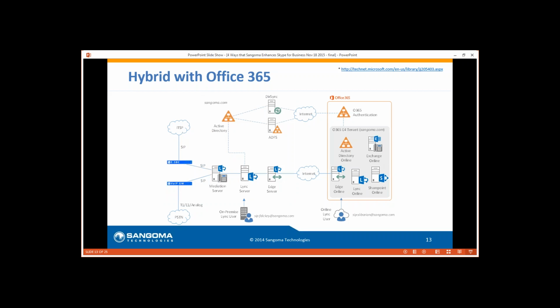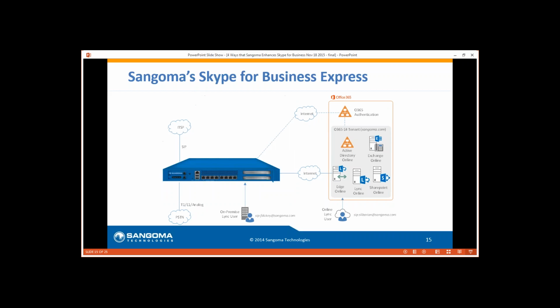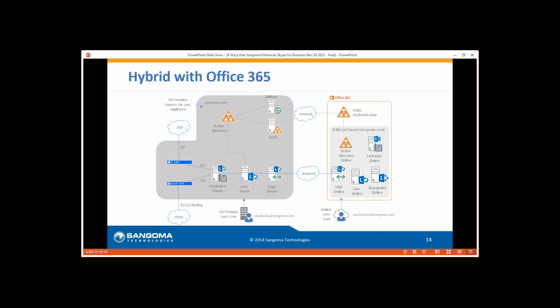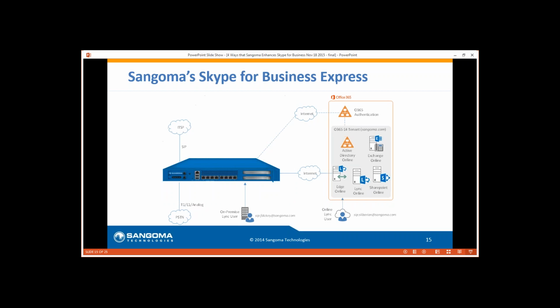One of the problems with a hybrid is that it can be quite complex. There are a lot of roles and a lot of modes. It can be quite complex for users, especially small businesses that are attracted by Office 365. So if you flip between the two pages, what we've done is collapse this shaded area into one box, and this is what we call the Skype for Business Express platform.